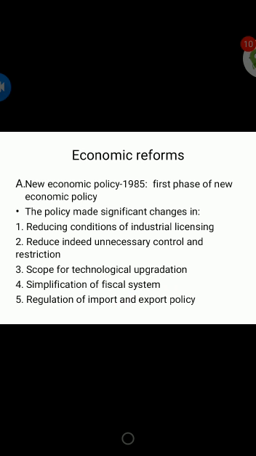There were some objectives: to make the Indian economy most competitive, dynamic and self-sufficient. Some changes took place in the economic reforms, like reducing the conditions of industrial licensing. Earlier there were many restrictions and conditions for getting an industrial license.